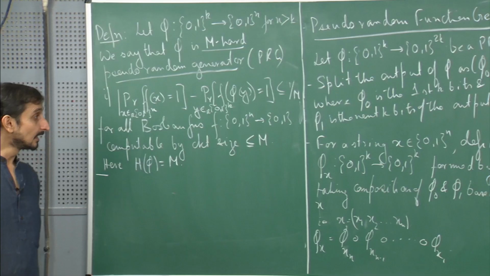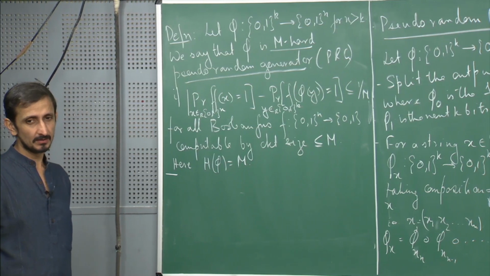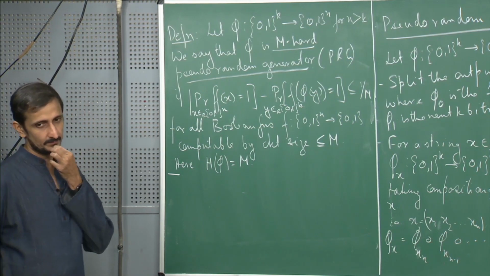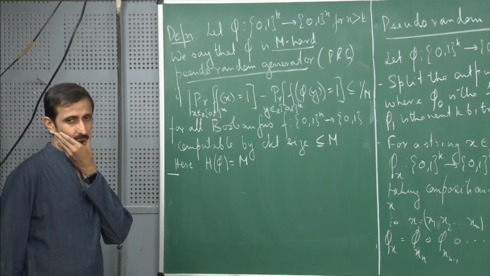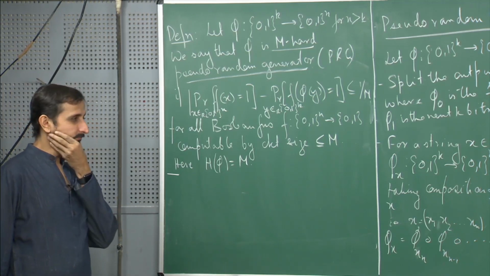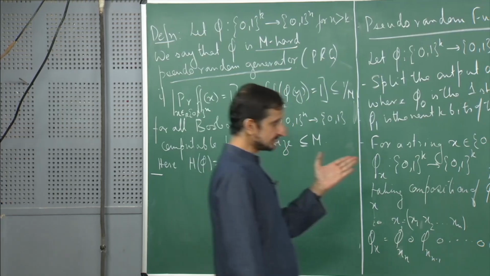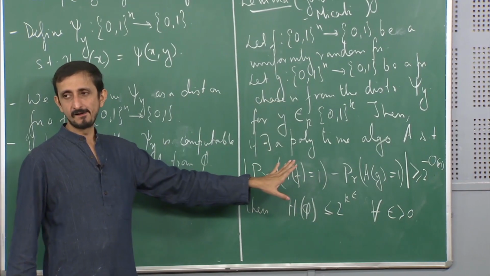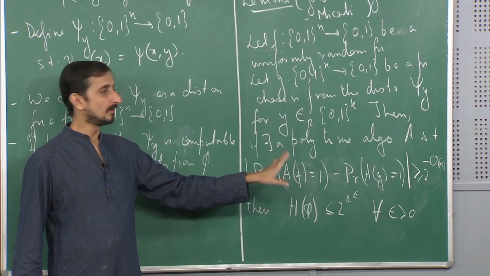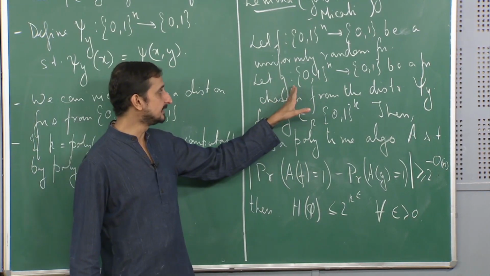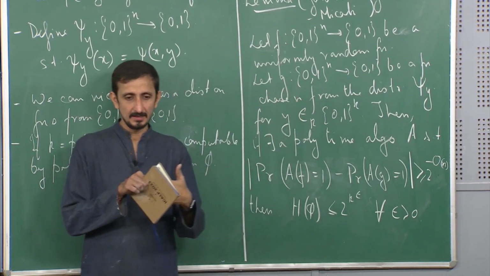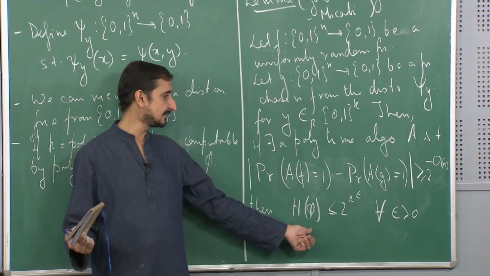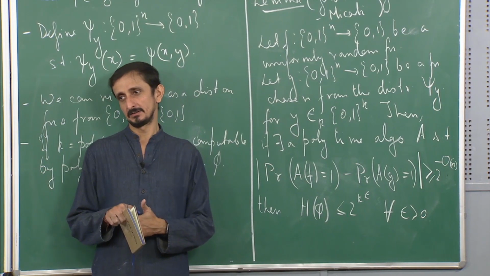Okay, hardness of phi. Hardness of phi is assumed to be greater than this. So what it is saying is that if f and g are distinguishable by a polytime algorithm, then the hardness of phi is less.